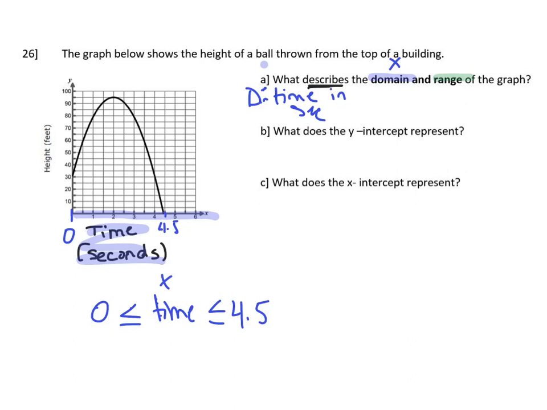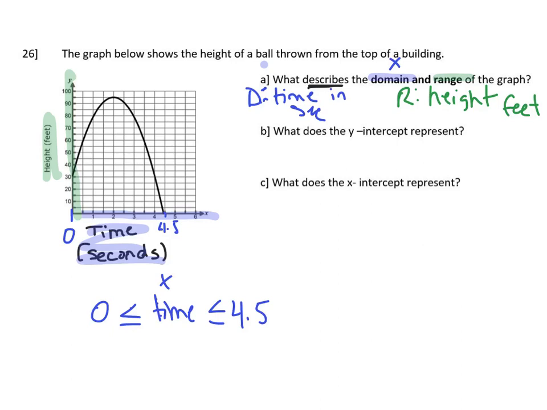And then looking over at the range being those y values, we would look at the y-axis, and it's referring to our height in feet. So the range is height in feet.